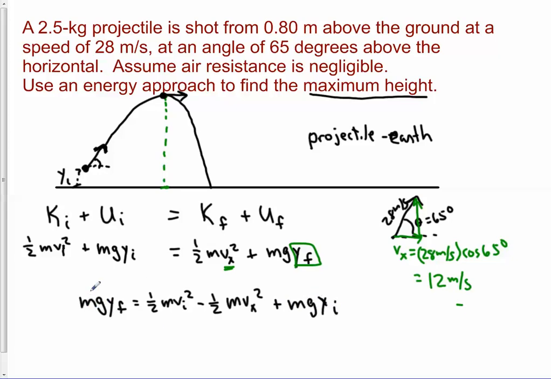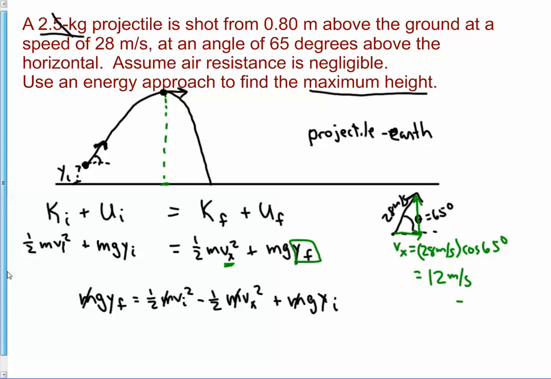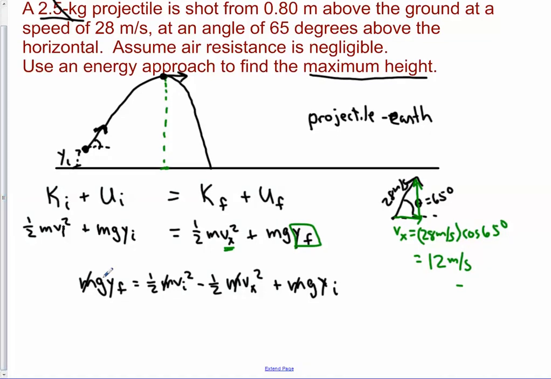And then I can divide by m. Every term had an m in it, so actually I don't need the mass. It turns out that this is independent of the mass. And then I just divide through by g. So yf will be 1 over 2g Vi squared minus 1 over 2g Vx squared. And then here the g's just cancel, so plus yi.